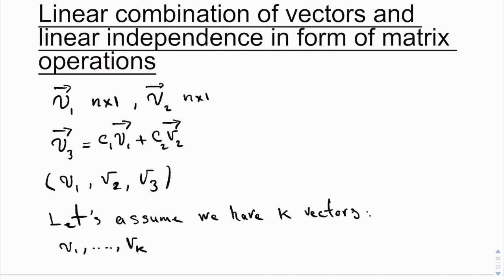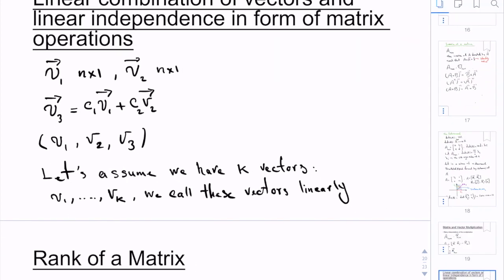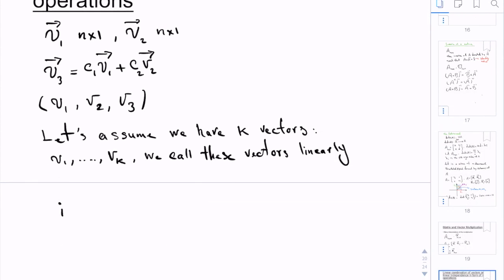In other words, we call these vectors linearly independent. So let me add another page in here. Call them linearly independent if we have a linear combination of them equal to 0.